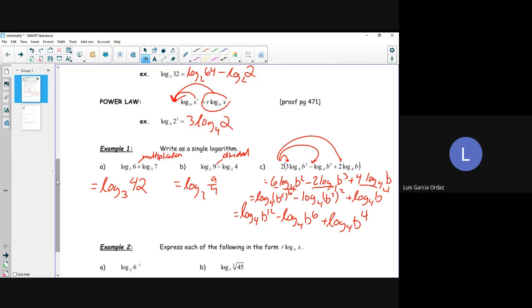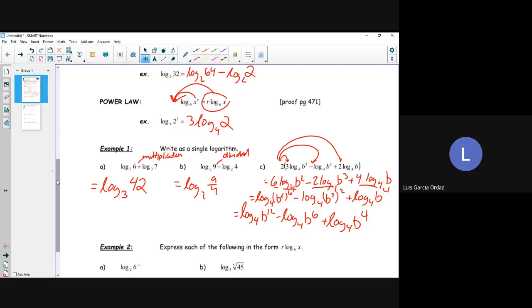So using the laws from above, how can we simplify this expression now? So we're going to add and subtract.